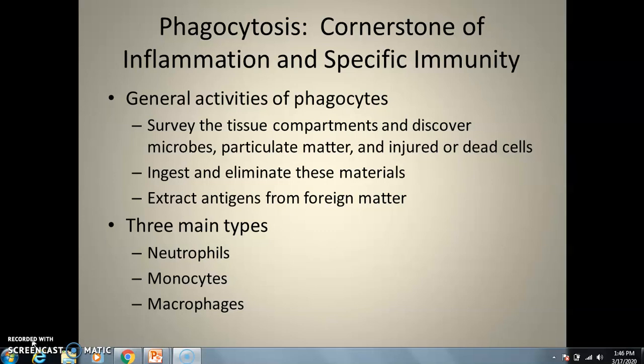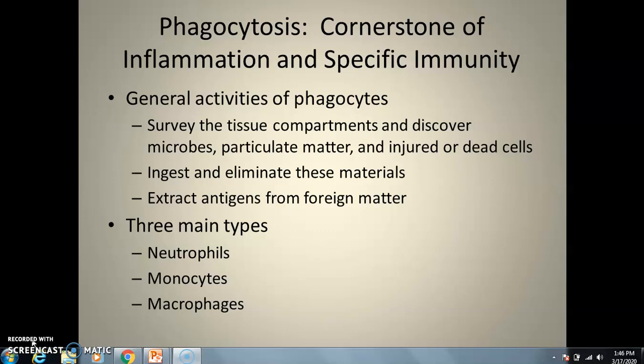They move to the site where the infection is. They identify anything that doesn't have a self marker, so anything that's foreign to you, and they are going to grab onto it and engulf it into a vesicle called a phagosome, fuse that with a lysosome, and destroy that foreign material.